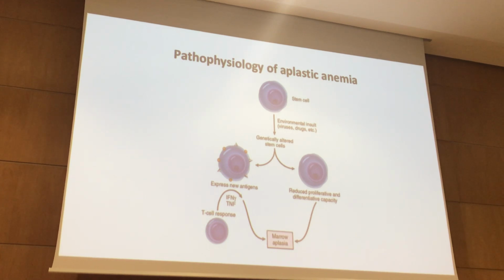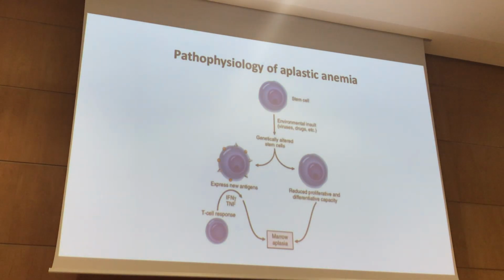These T cell responses lead to bone marrow aplasia, bone marrow suppression. On the other hand, if there is an alteration in those cells, this alteration also reduces their proliferative capacity, which eventually leads to aplastic anemia or bone marrow aplasia.